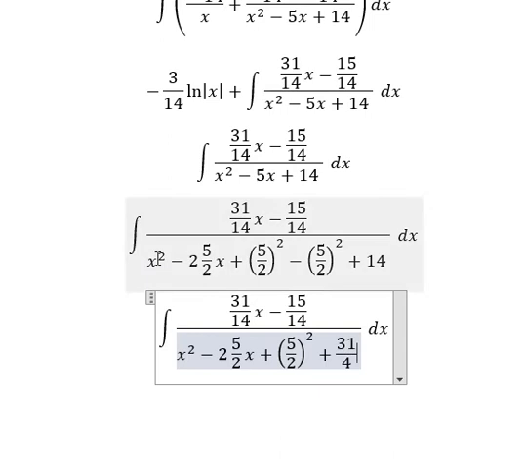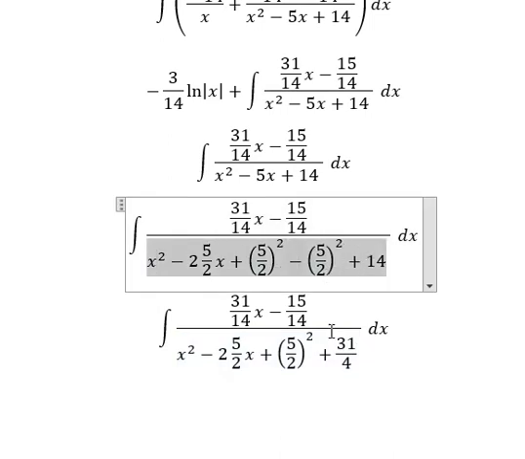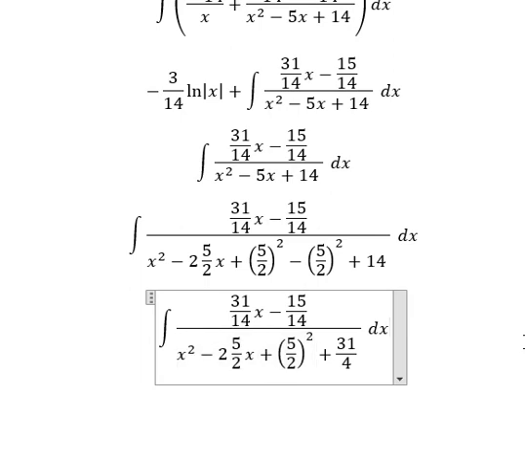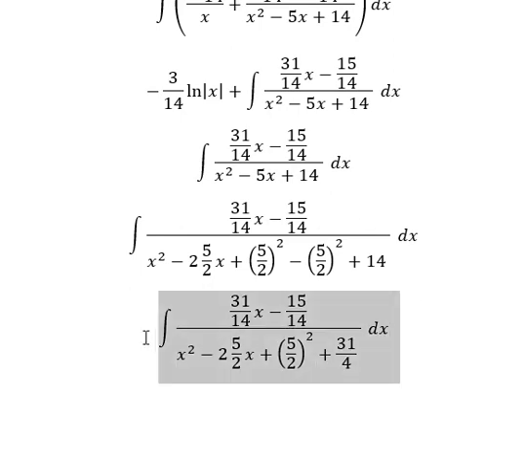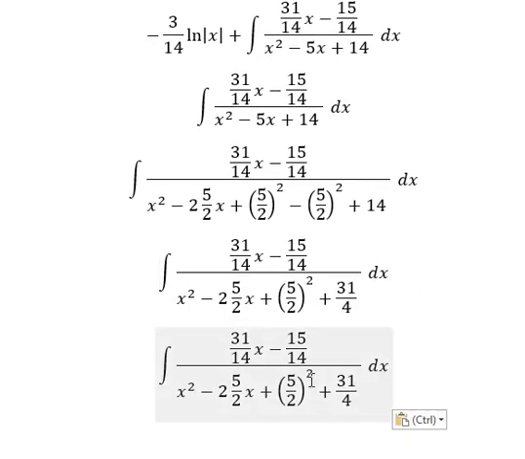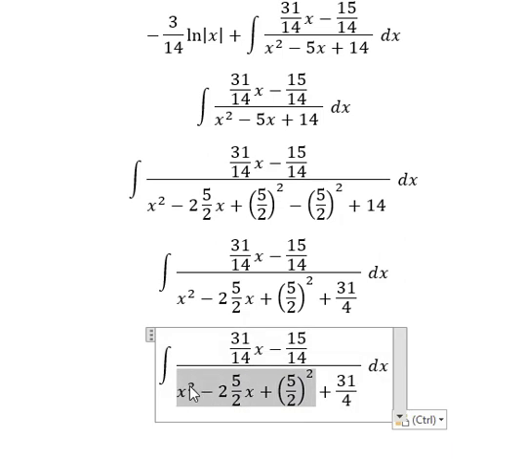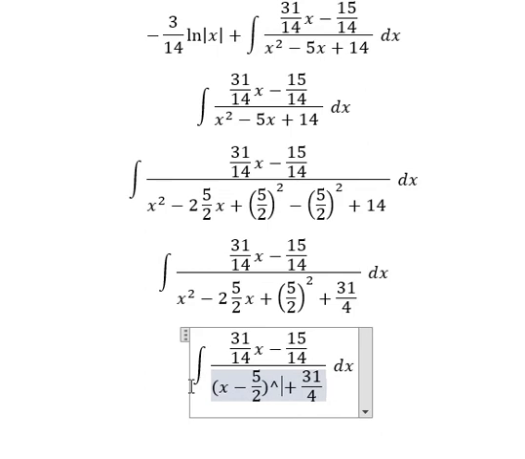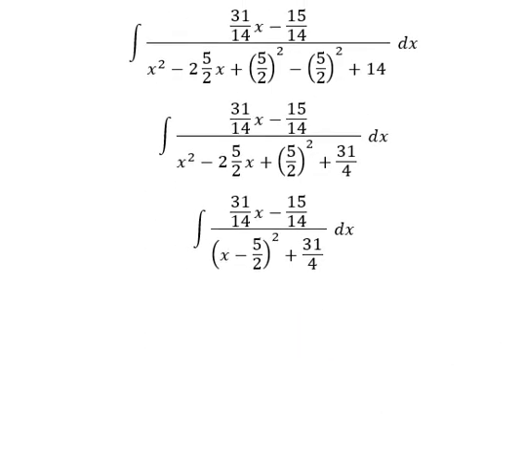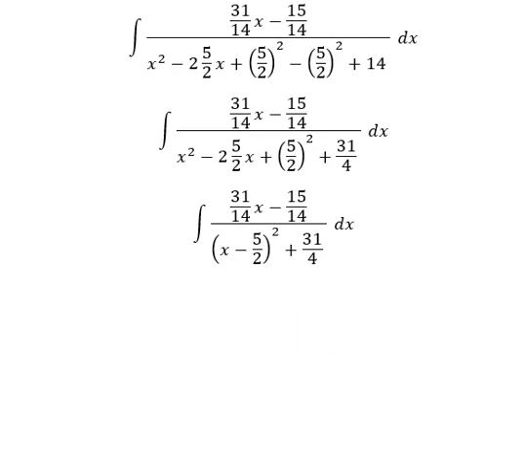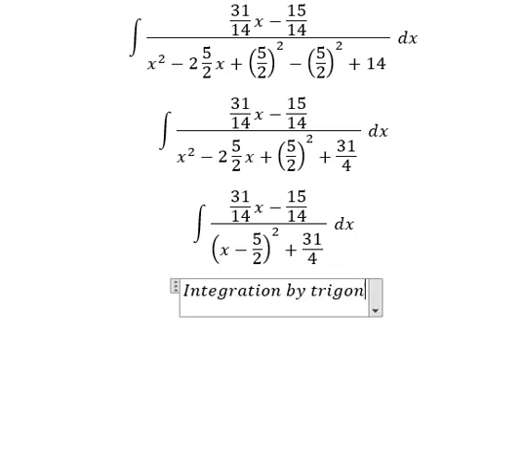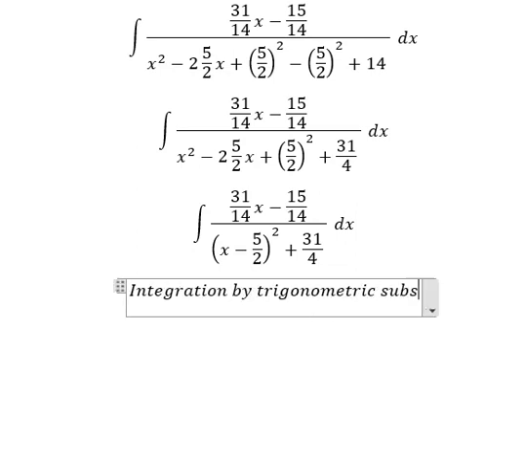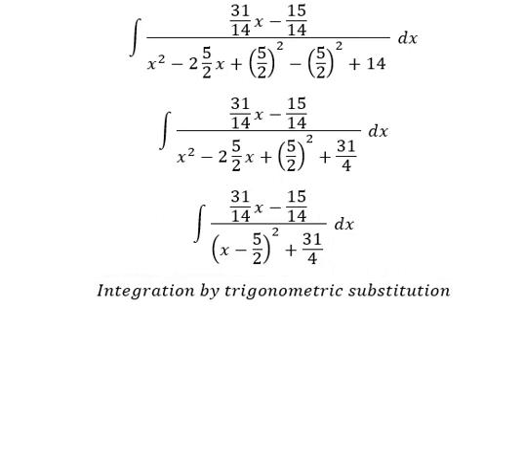The reason I need to create this one is because I want to create identities in here. So this one, we have s minus 5 over 2 everything to the power of 2. Next, we need to use integration by trigonometric substitution.